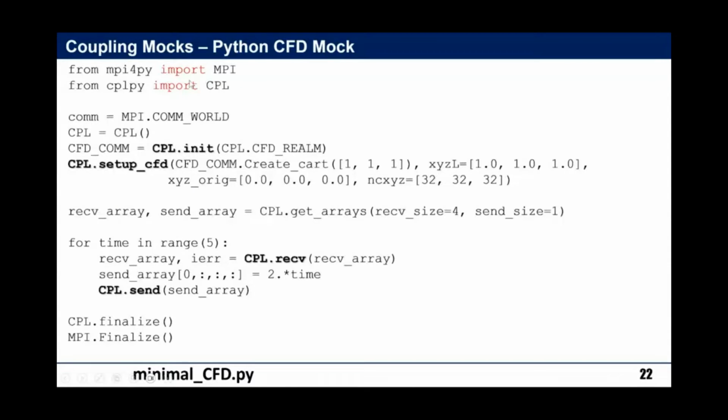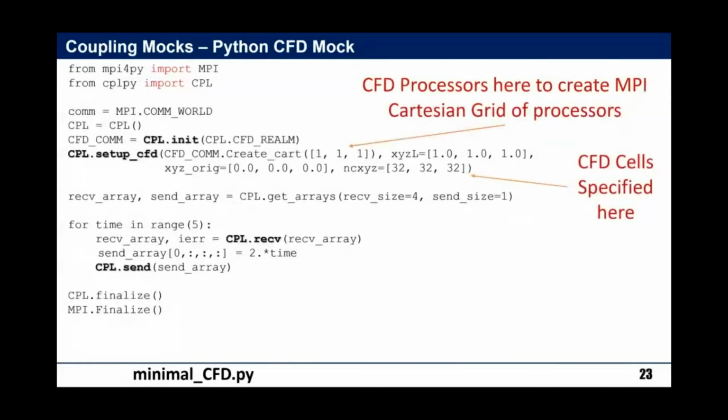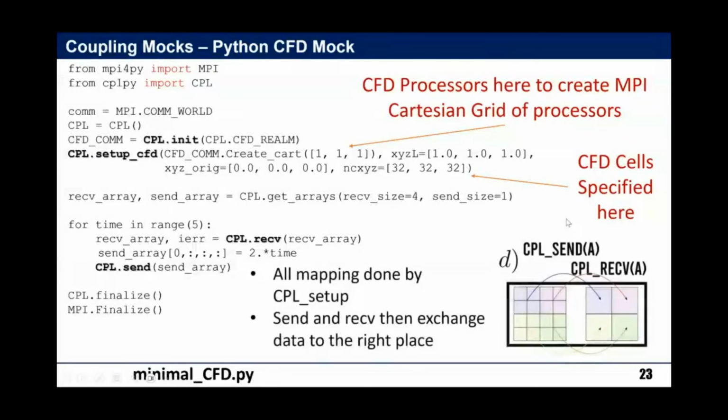Okay, so just very briefly, this is a minimum mock code. I just want to highlight how minimal the code is to get a coupled example. You initialize here, you set up the CFD. Note that you've got the number of cells specified here and the processor topology specified here. You then do a send receive operation and a send operation. This is a dummy example where you can see here's the MPI Cartesian grid. These are the cells specified.